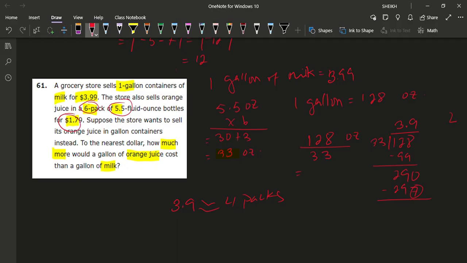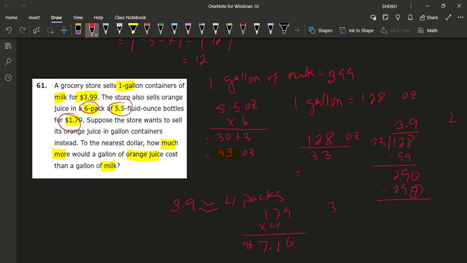So that means 179 times 4. 4 times 9 is 36, carry 3. 4 times 7 is 28, plus 3 is 31, carry 1, 3. 4 times 1 is 4 plus 3. So it's going to cost $7.16 for a gallon of orange juice.